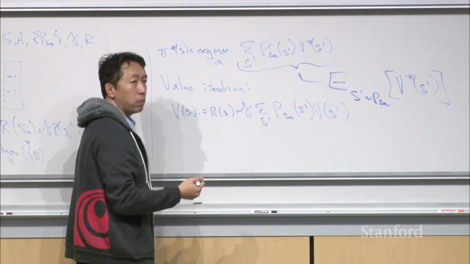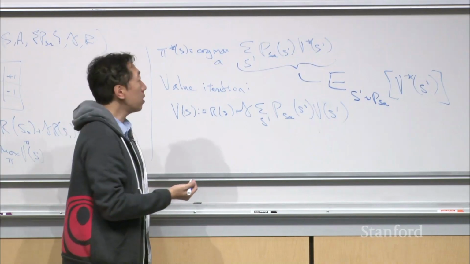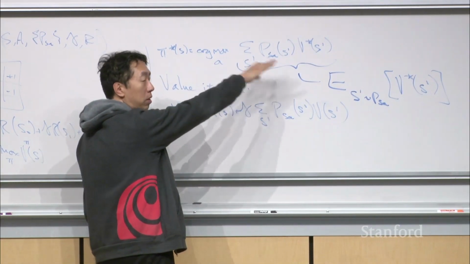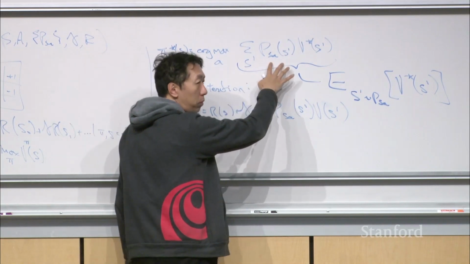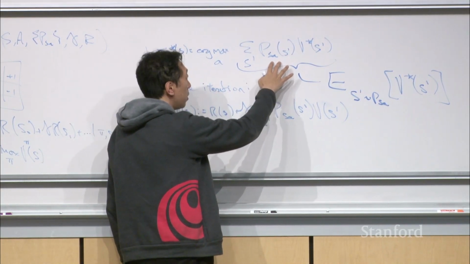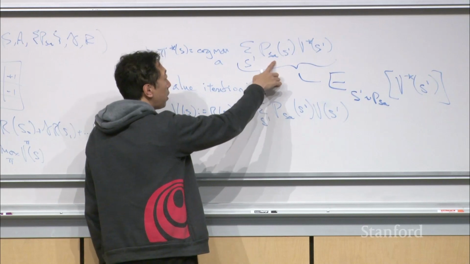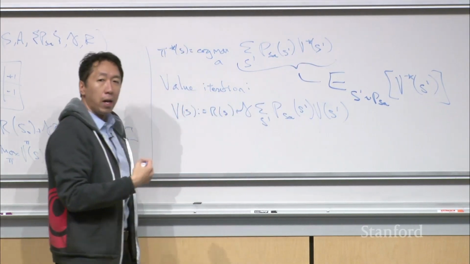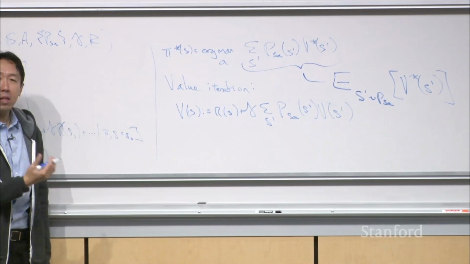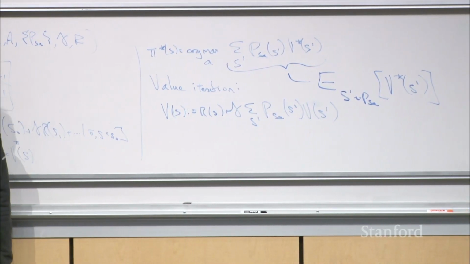But when we go to continuous state MDPs, what this becomes is the expected value with respect to S prime drawn from the state transition probabilities indexed by S, A, the current state and current action, of the value that you attain in the future, so V star of S prime.